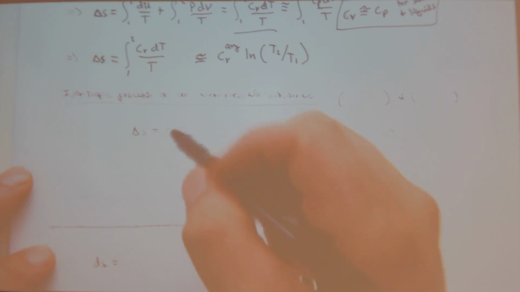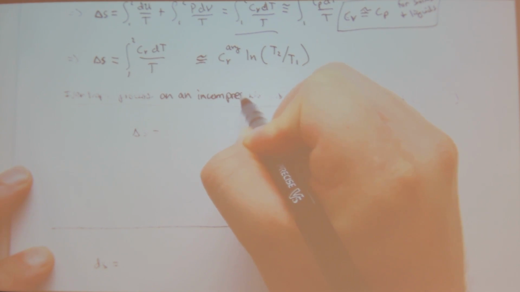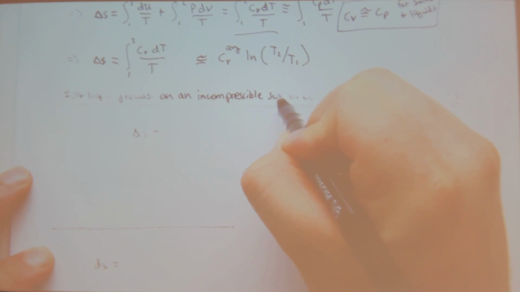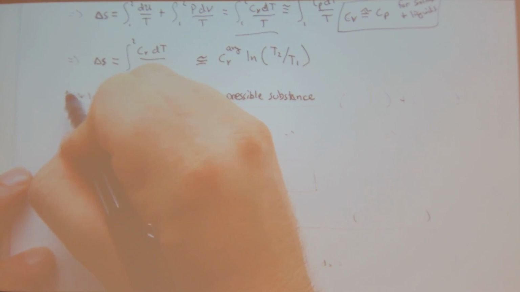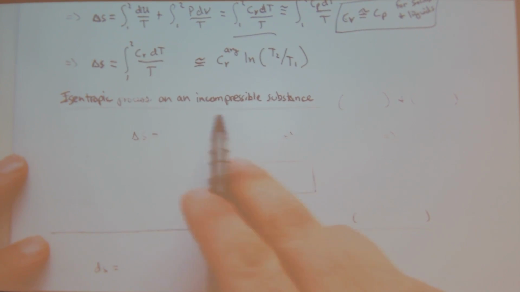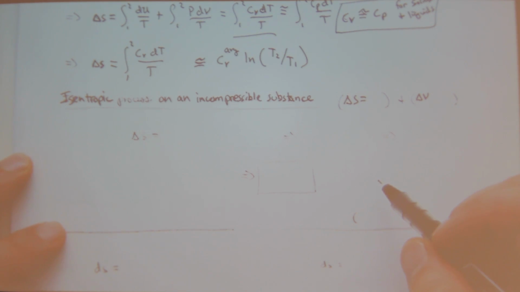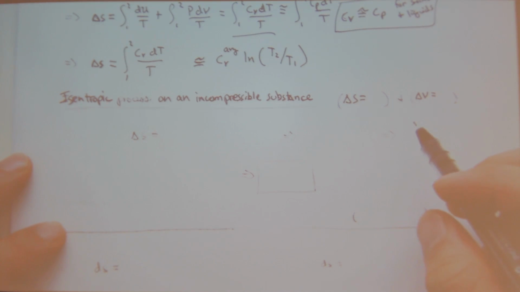So let's look at an isentropic process on an incompressible substance. So for an isentropic process, incompressible, delta S, delta V, and in addition to this, delta Q is equal to 0.